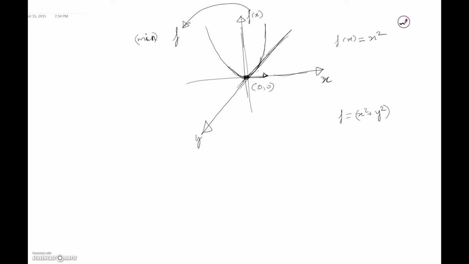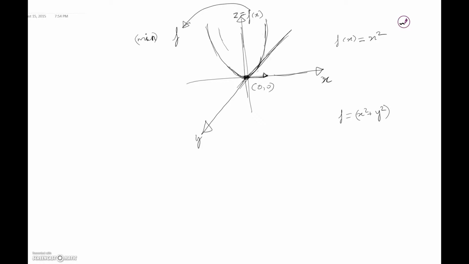Alright, and now what this curve will look like is, it will look the same when y is 0. And when x is 0, it will also look the same, but it will be rotated. So it will then be in the yz plane, and I'm using z to be the same as f(x).